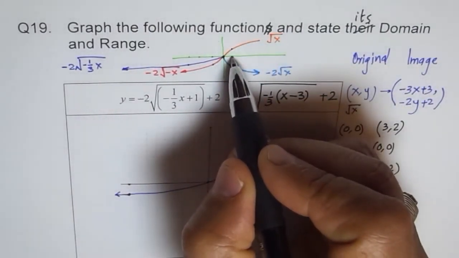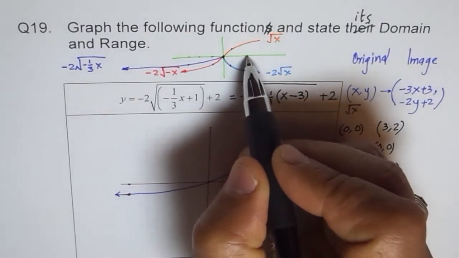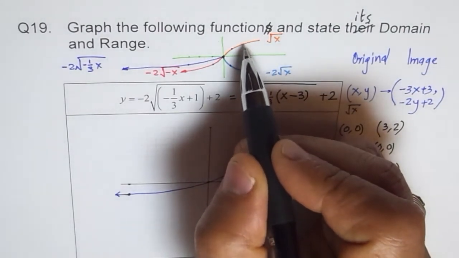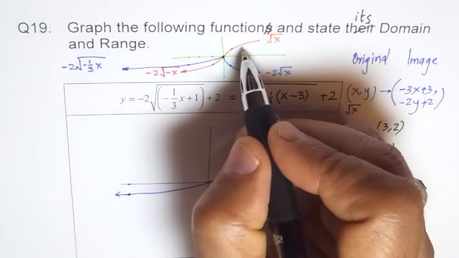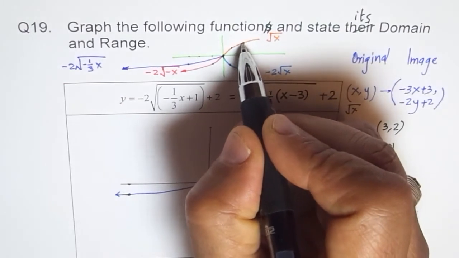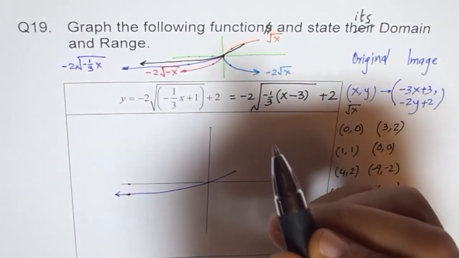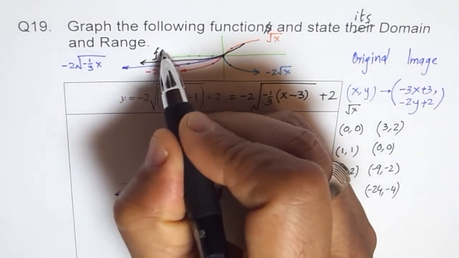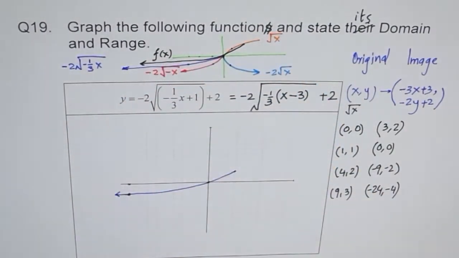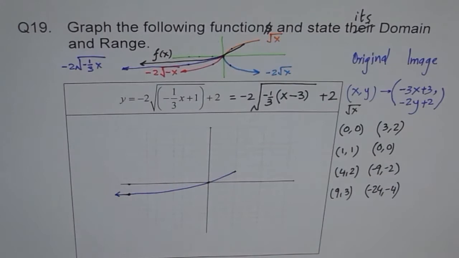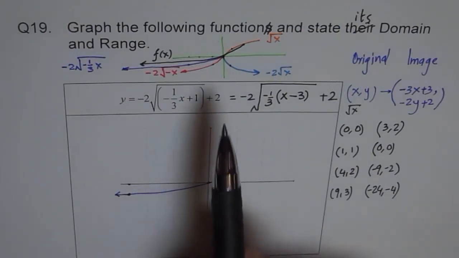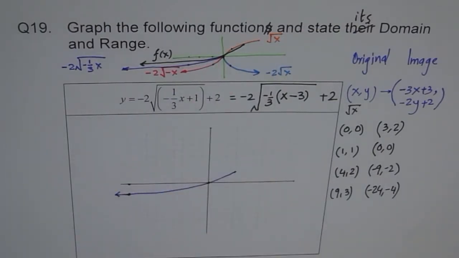Somewhere there, and then it gets kind of messy. This is your f of x, as you see here. So here I have shown you the sketching of the function in steps. So that is the second method, right?